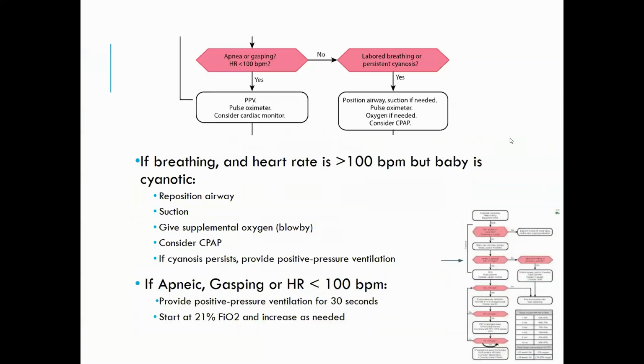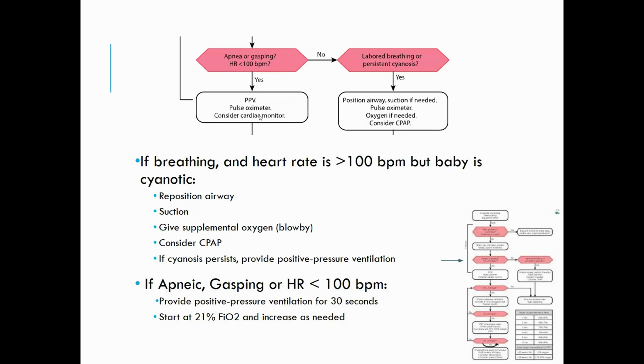Okay, so moving on down our NRP algorithm. We've tried stimulating and suctioning the baby, and now we want to assess for any apnea or gasping, and we want to assess their heart rate. If they are apneic or have a heart rate less than 100, then you move on down the algorithm.